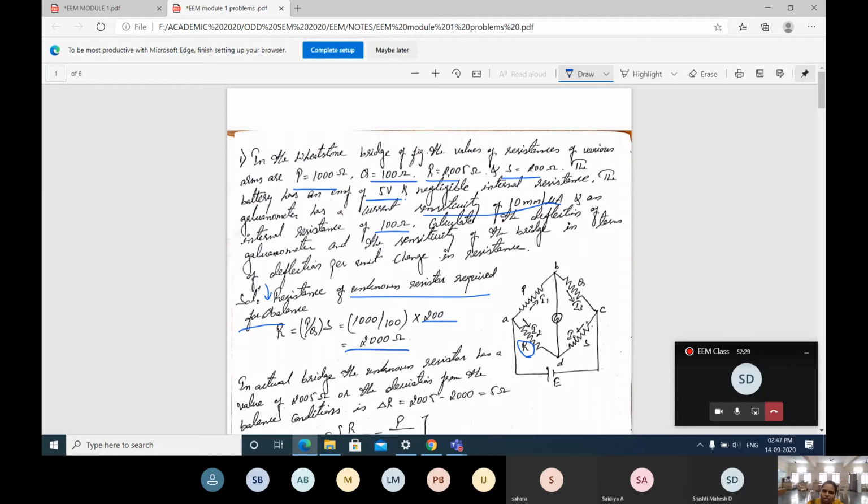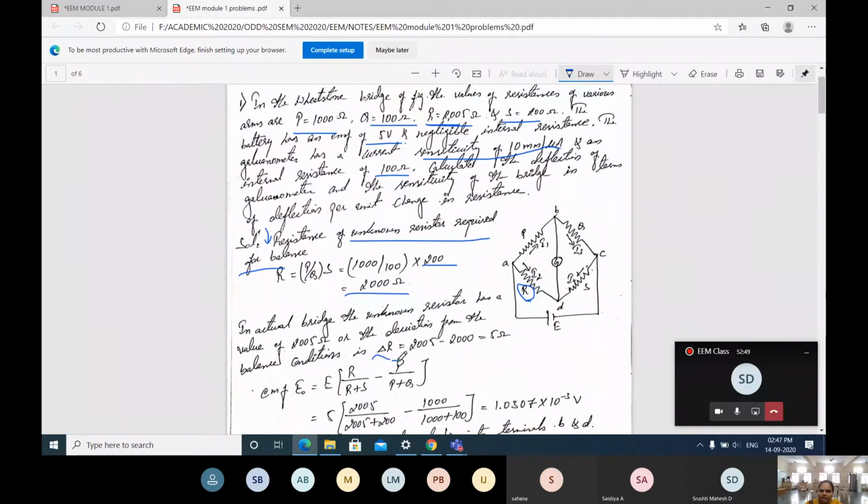But what we got for R is 2000, and in the question what did they give? They gave 2005, which means there is a change from the actual value to what they gave. That's what we take as delta R. Delta R is the given value, 2005, minus the actual value at balance condition, which is 2000.